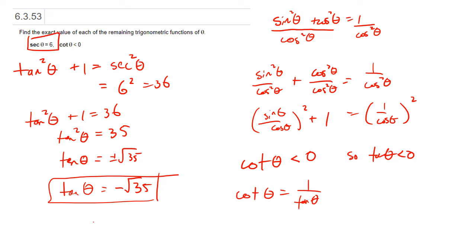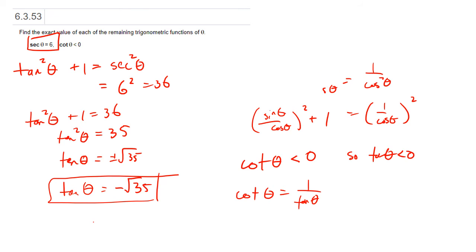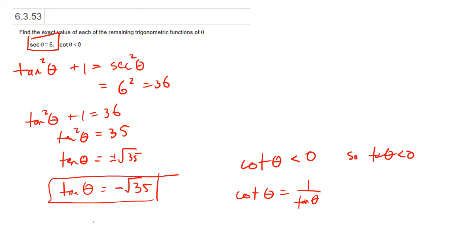Okay, so secant of theta is 6, tangent of theta is minus root 35. Now what we have to do is figure out everything else. And now we are going to use the fact that certain things are reciprocals of one another. So since the secant of theta is 6 and secant is 1 over cosine of theta, cosine of theta is 1 over 6.